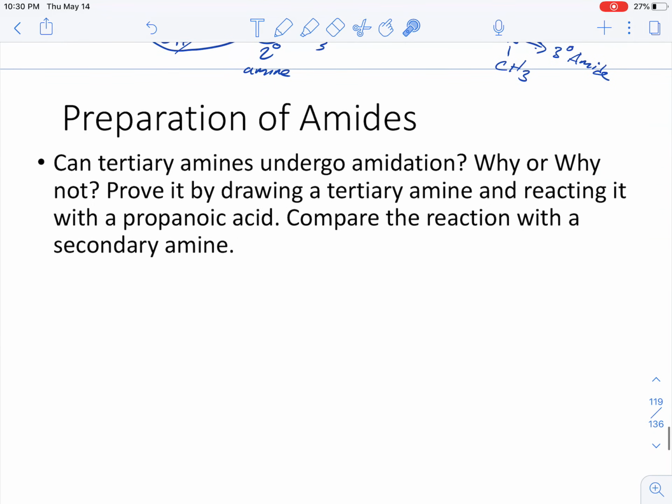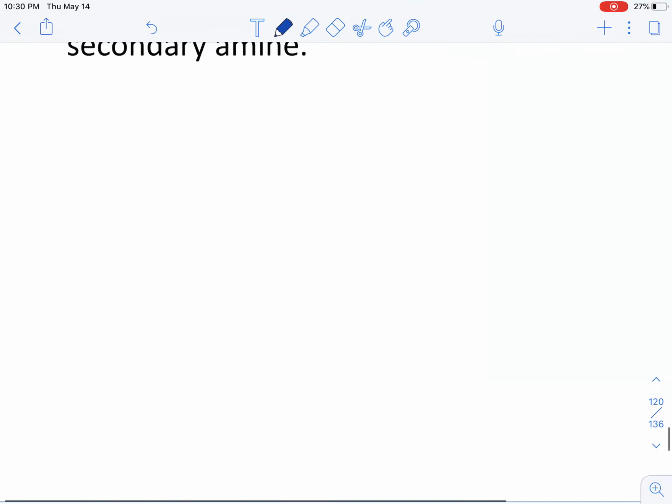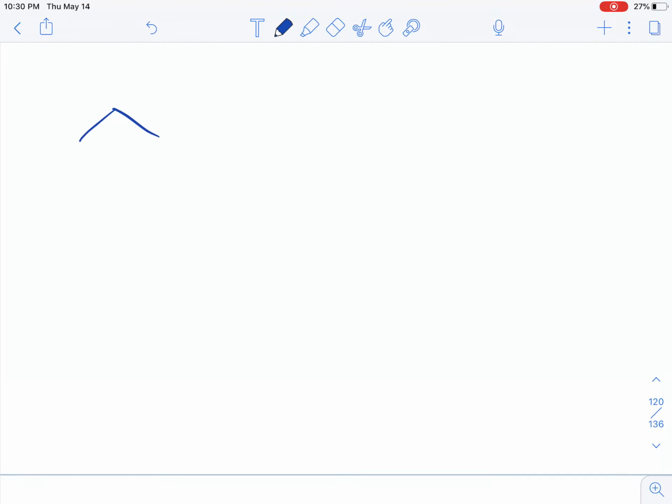Just to demonstrate this, let's say that we have this 3-carbon carboxylic acid. Remember that amidation requires a dehydration reaction to occur.